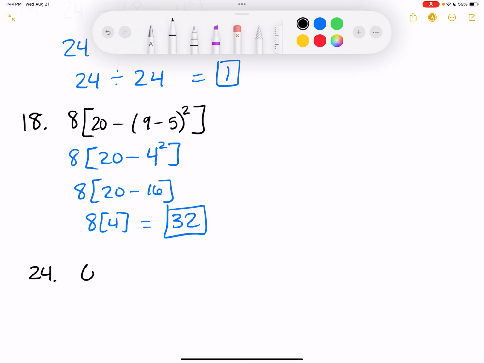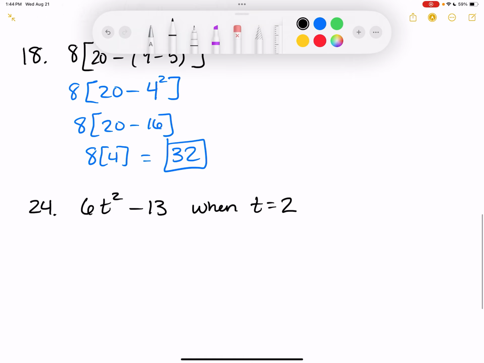6t squared minus 13 when t is equal to 2. So first of all, I've got to plug in that 2. So this is going to be 6 times 2 squared minus 13.